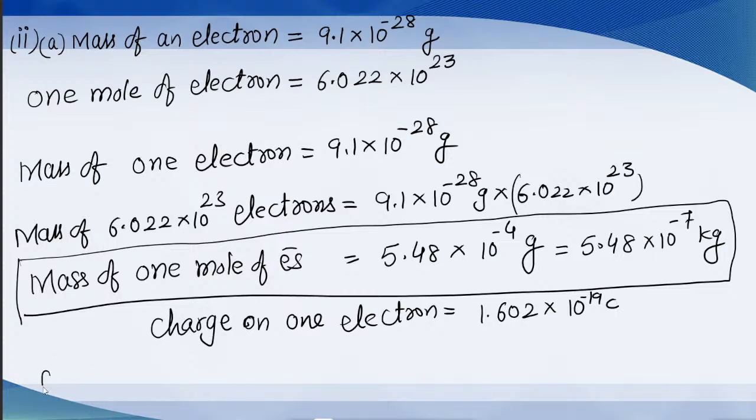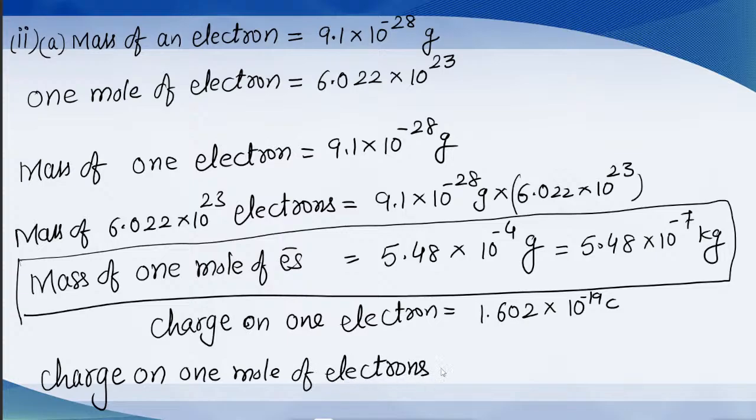The charge on 1 mole of electrons is equal to 1.602 into 10 raised to power minus 19 coulomb into 6.022 into 10 raised to power 23.